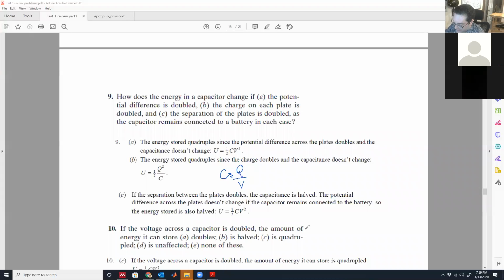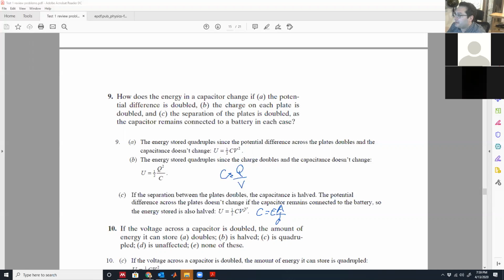Now, the capacitance for a parallel plate capacitor is just epsilon times A over D, where D is the plate separation.